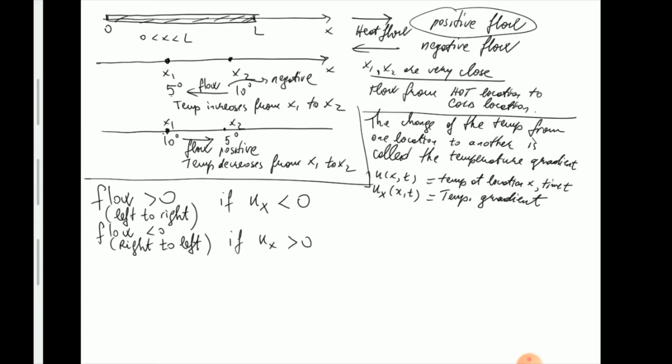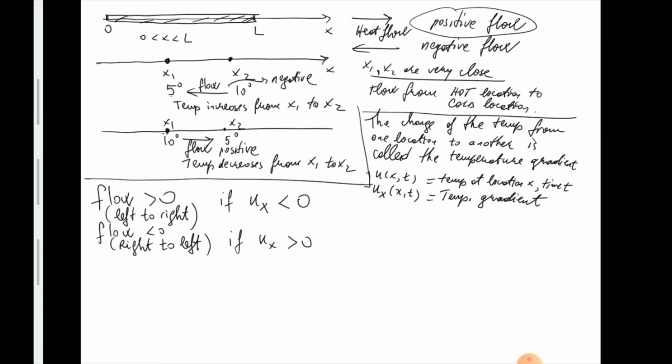So make sure you pause it for a moment and try to visualize, because this should make sense. Everybody knows how the temperature changes from hot to cold, then the direction of the heat flow. And make sure you understand again the meaning of the temperature gradient. It's simply the difference of the temperature as you move from one location to a nearby location.